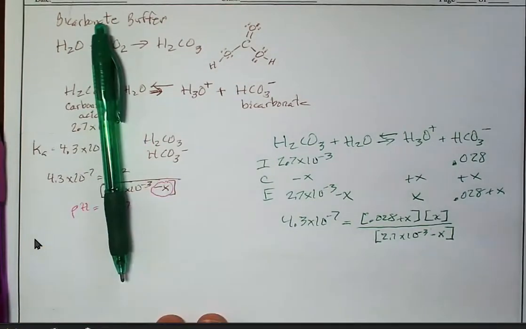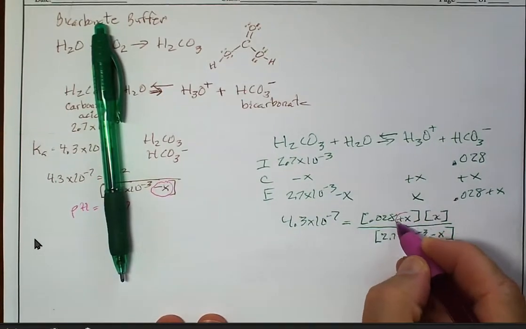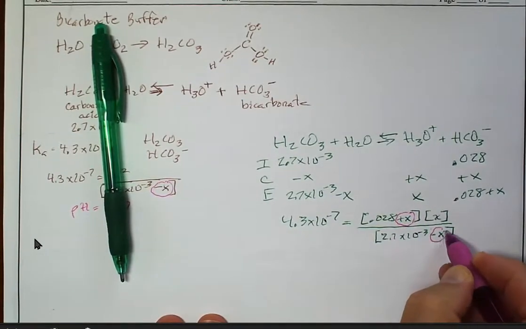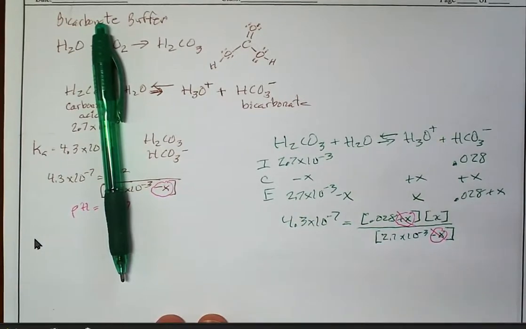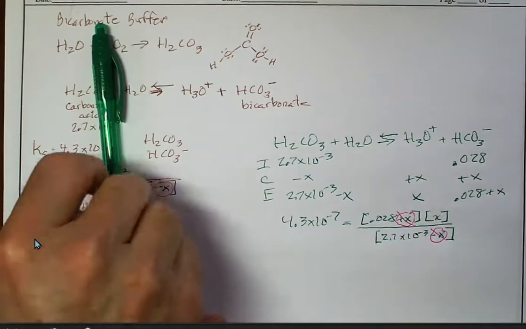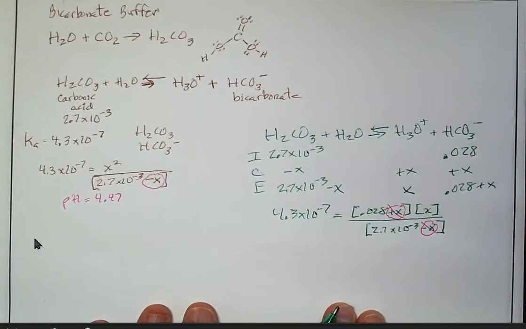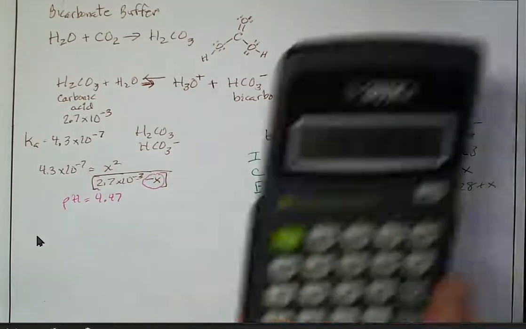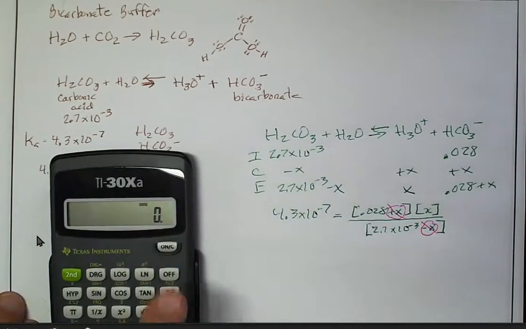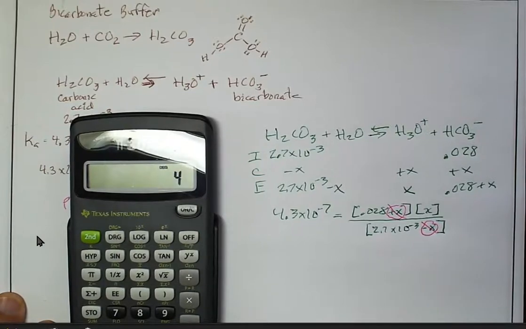And our little technique to simplify this: anywhere we add x or subtract x, we'll just ignore it because it's going to be insignificant compared to those amounts that it's being subtracted from. So that's going to set us up for 4.3 times 10 to the minus 7.